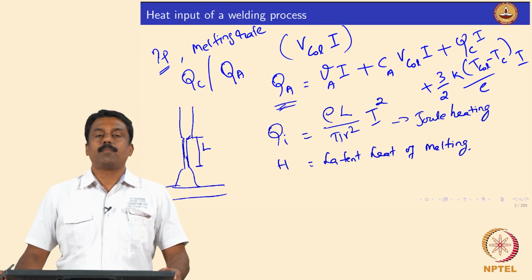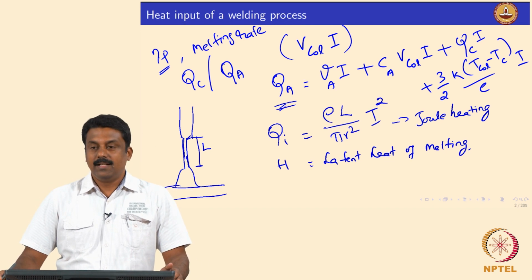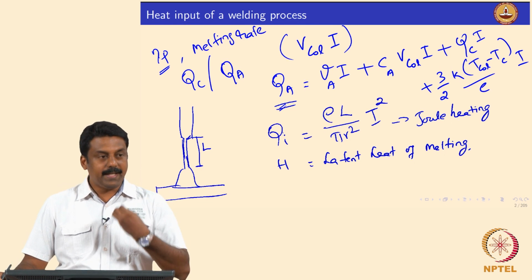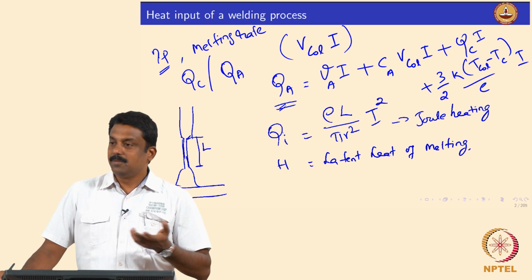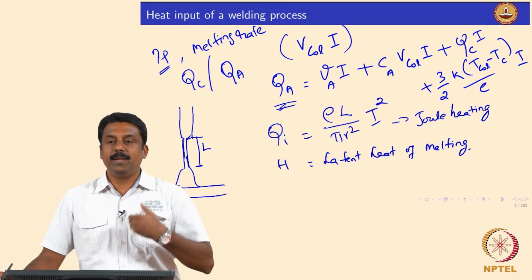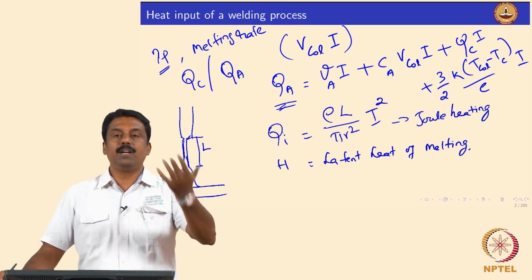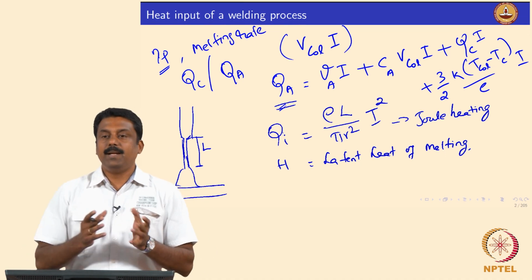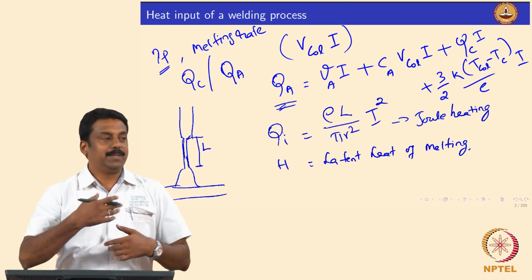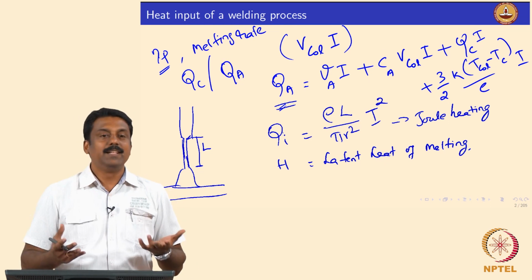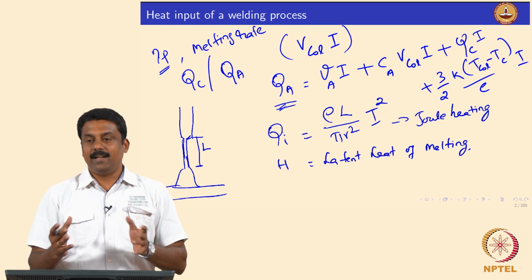once you melt it, the droplet will not be at the same melting temperature. It will be heated up to a temperature at which it can be transferred. So from the melting temperature it should be heated to a droplet temperature. It may not be at the melting point. So it has to be heated up in order to separate, isn't it? We will see in subsequent classes, in this class itself in the later stages.